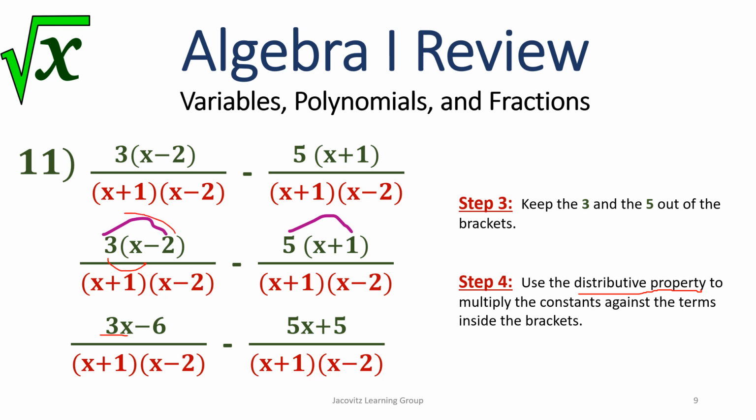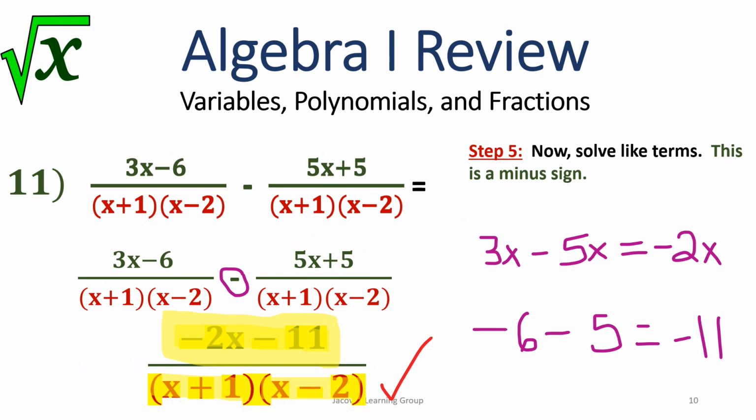And this 3 times negative 2, keep in mind this is negative 2, it's going to leave negative 6. Same thing over here, 5 times x is 5x, 5 times 1 is 5. This is a mess now, because you can only combine like terms, and please, don't forget this guy.